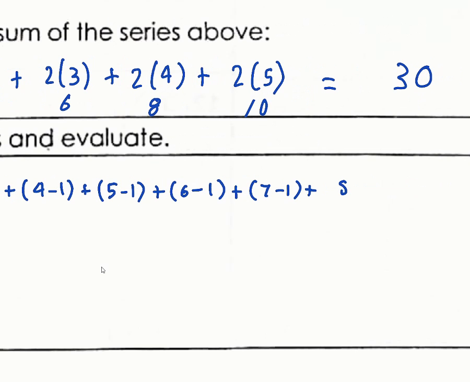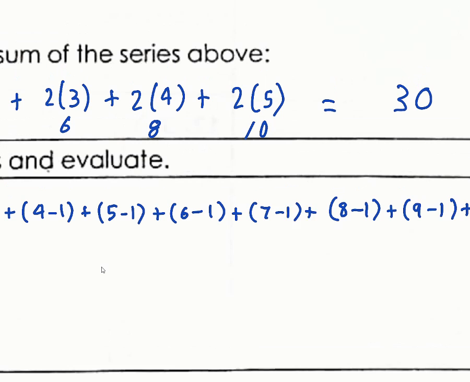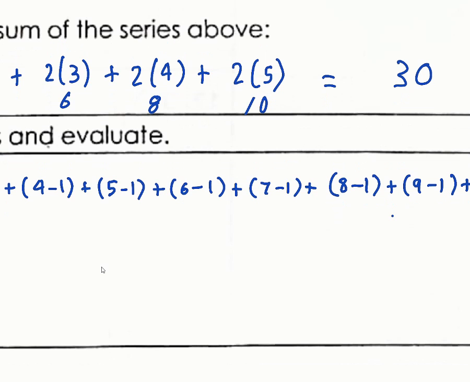Eighth term? 8 minus 1. Ninth term? 9 minus 1. 10th term? 10 minus 1. 11th term? 11 minus 1. And the 12th term. Okay, how annoying was that?